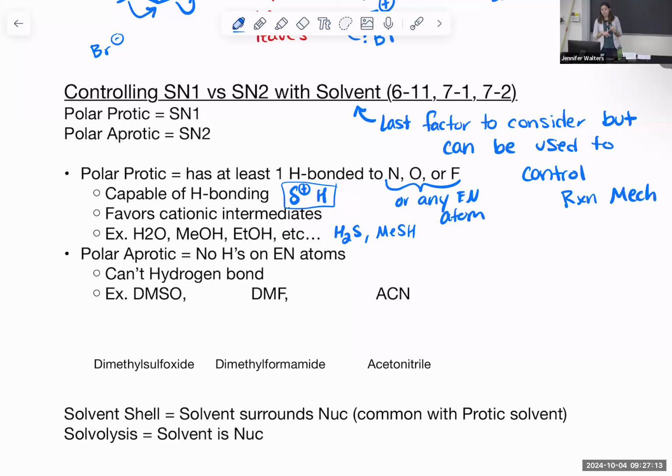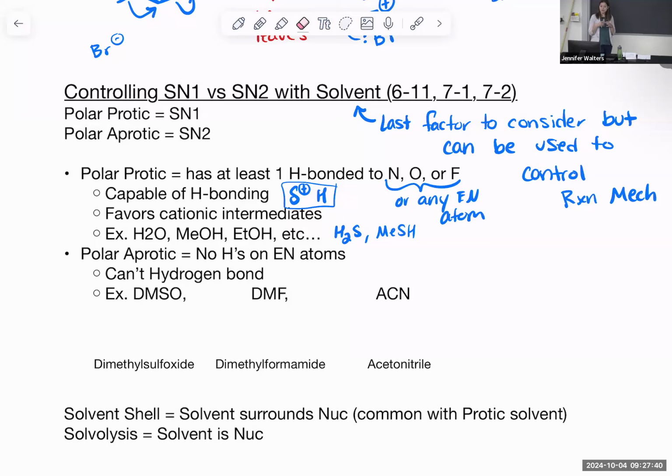Sorry, I misspoke there. For our aprotic solvents, these are going to be where you don't have a hydrogen on an electronegative atom. It's essentially just not protic. It's just everything else. So it can't do any sort of hydrogen bonding interaction. These favor our SN2 reactions because your aprotic solvents don't form the tight solvent shells.